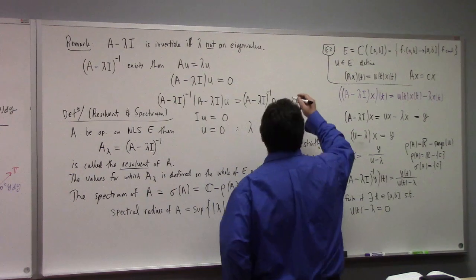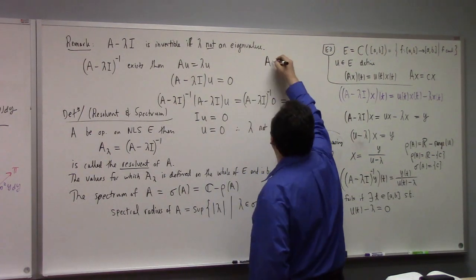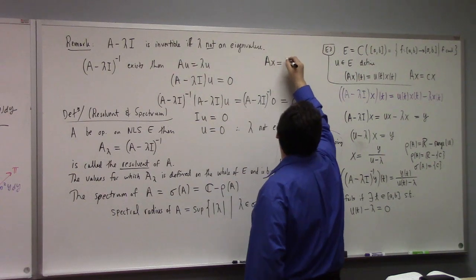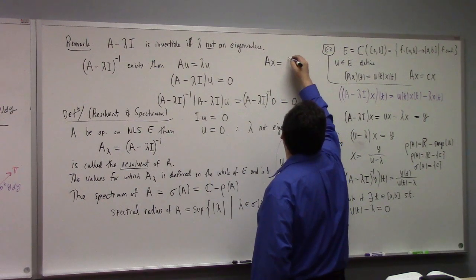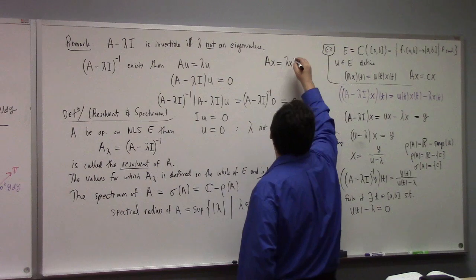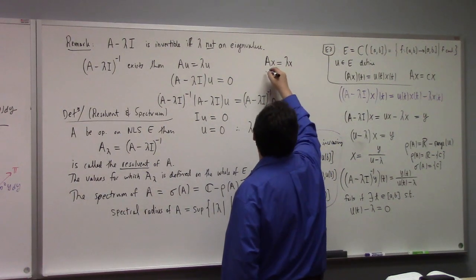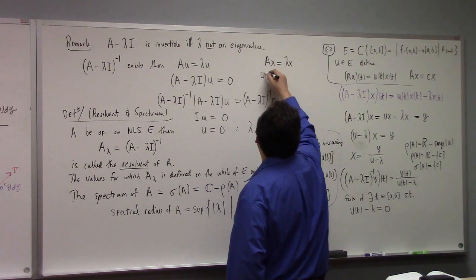So we have AX is equal to lambda X. But that is also UX, right?